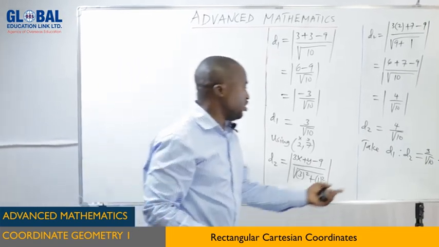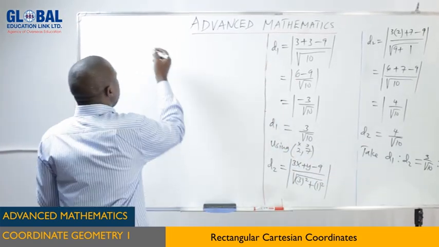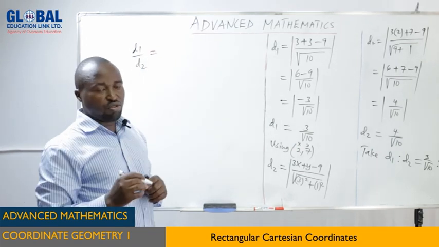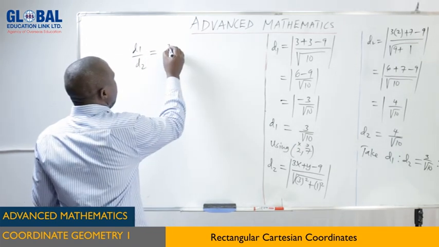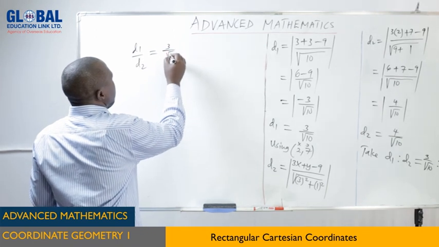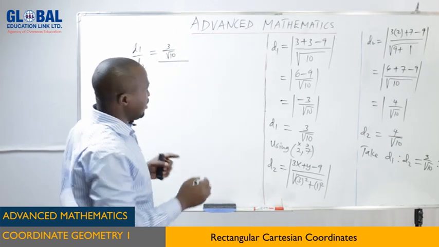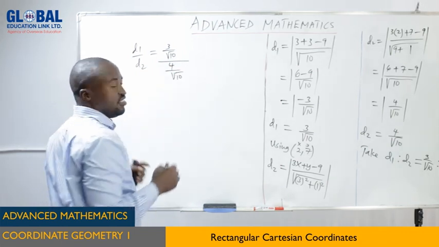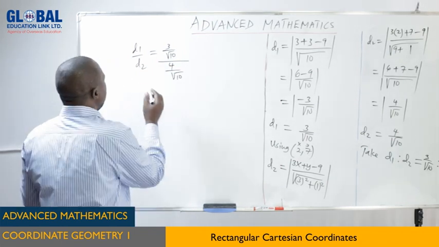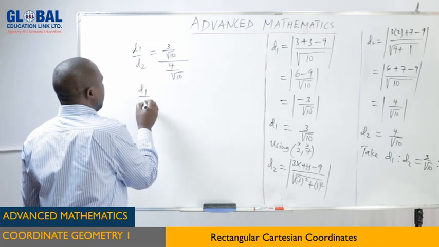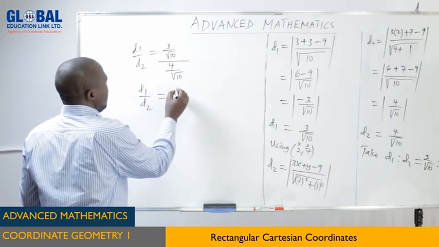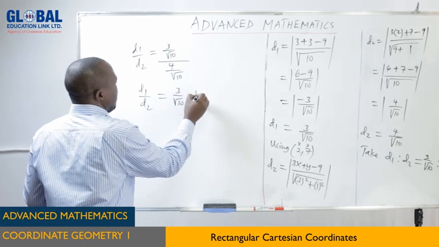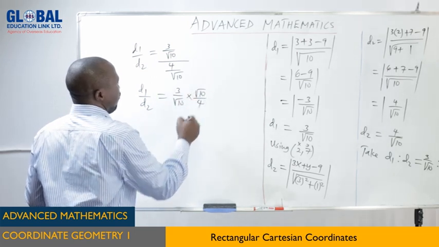So remember, in ratios, this one can be written as D1 over D2, which is equal to 3 over square root of 10 over 4 over square root of 10. Or this can also be written as D1 over D2 is equal to 3 over square root of 10 times square root of 10 over 4.